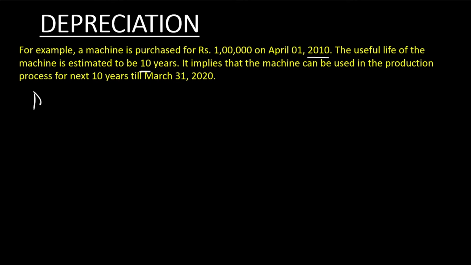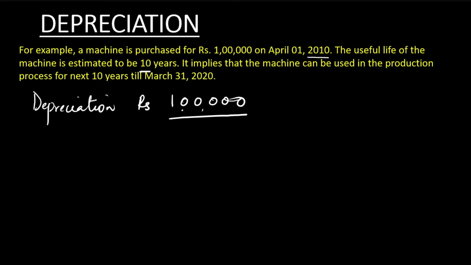How is depreciation calculated? The cost of the machinery is 1 lakh, right? But the firm is going to use it for 10 years. The whole 1 lakh rupees cannot be taken as an expenditure on the day it is bought, because it's a fixed asset, it's a capital expenditure.